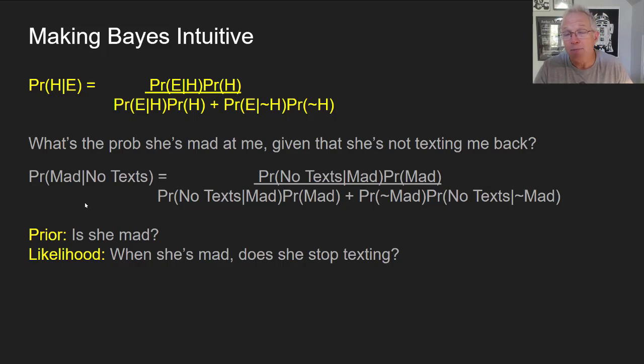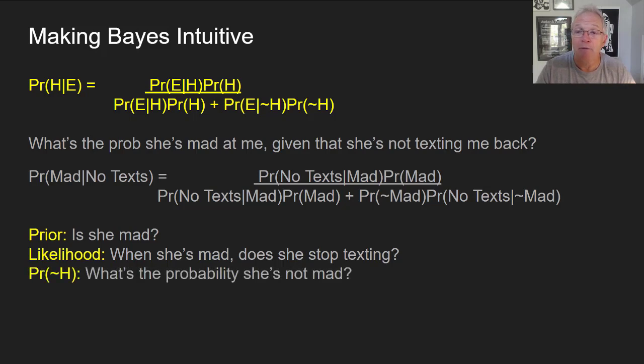Or maybe when she's mad, she texts more, so it's never the case that she stops texting, so you put a very low value on that. So you might have a very low likelihood depending on what we're talking about. Very often the likelihood amounts to the reliability or the accuracy of the test we're using. The probability of not H is what's the probability that she's not mad, and that's usually 1 minus the prior.